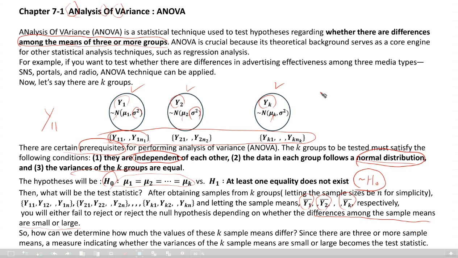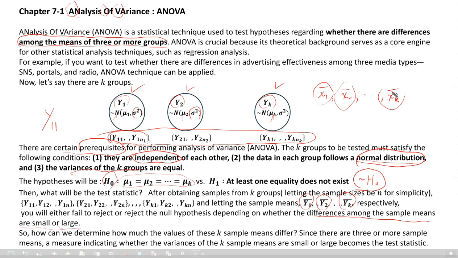What is the sample mean? X1 bar, X2 bar, and XK bar. They are the several sample means you get. If the variance of these sample means is small, then almost all sample means are very close.